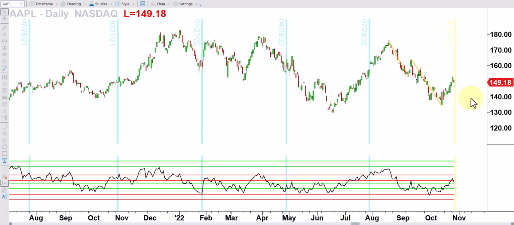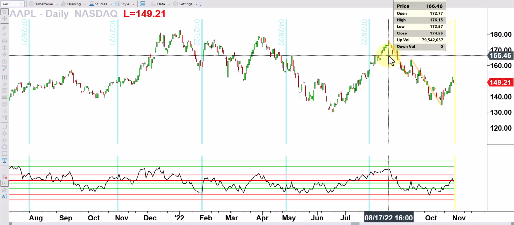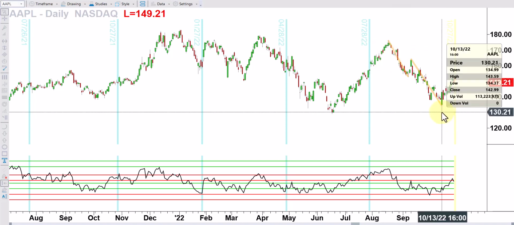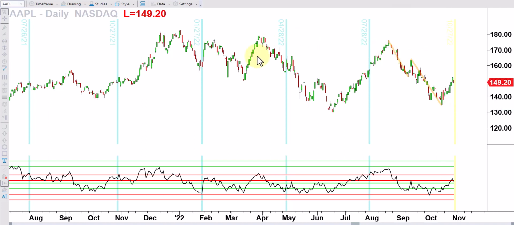And right now, we're at an interesting point in Apple because it has made this lower high back on August 17th, but now it's also made a higher low on October 13th. And that's in comparison to first the March 30th high and then the June 16th low. So that to me indicates that Apple's still in a long-term trading range, if you will, between 130 and 180, and it's going to be a little time before it exits that.